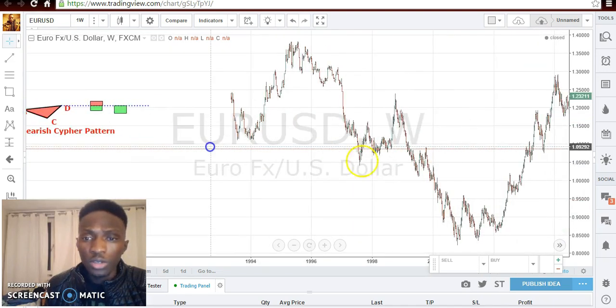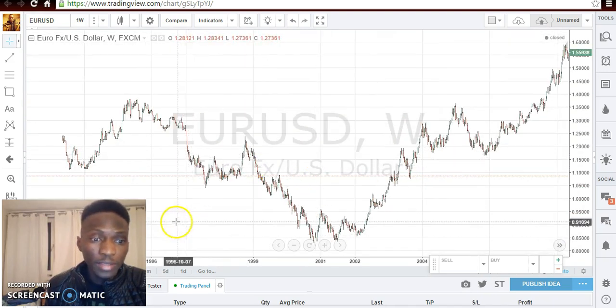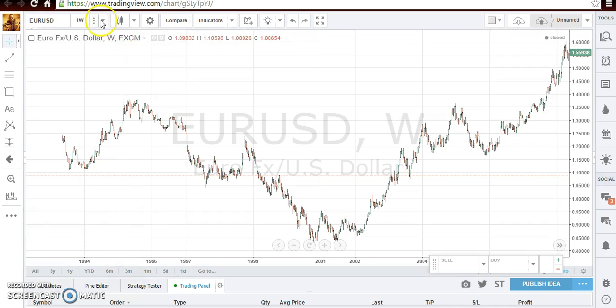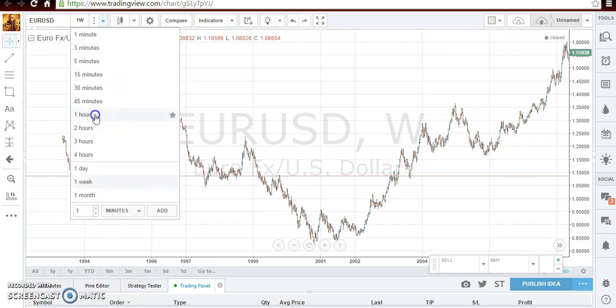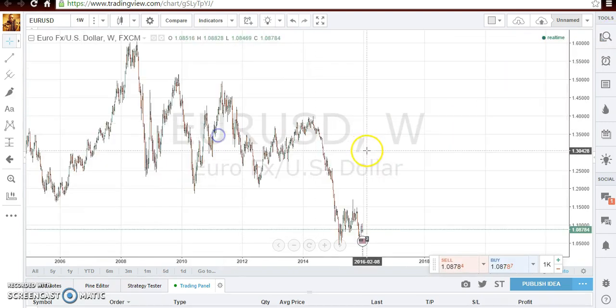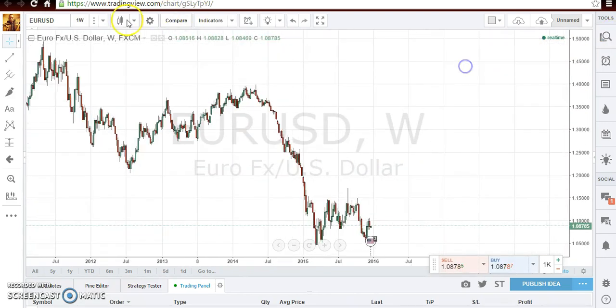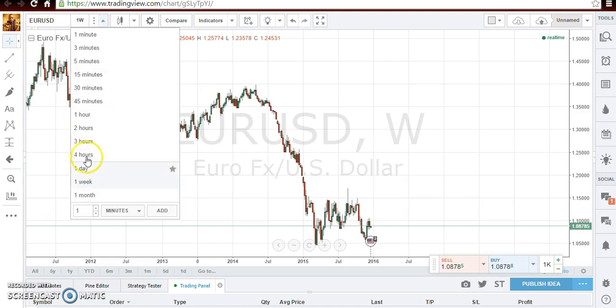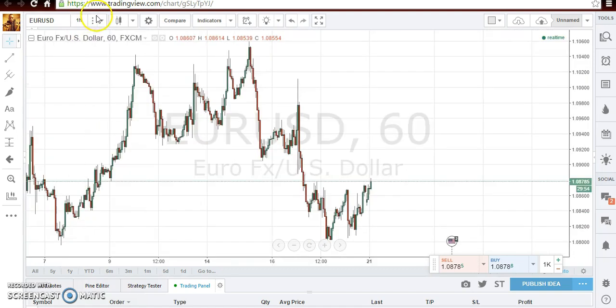I'm going to go over to the chart and try and see if I can spot these patterns for you guys. I'm just going to pick a random one. It's taking too long to load, so I'm going to drop this down, maybe to the 1 hour chart.